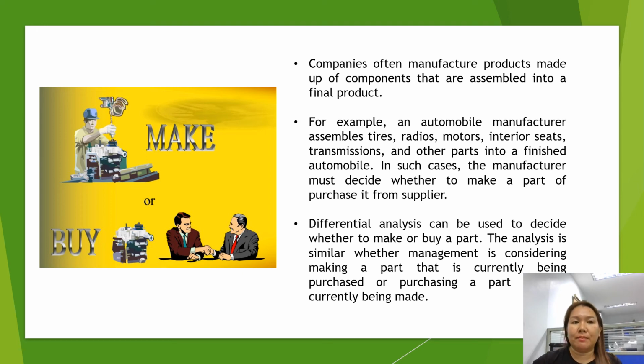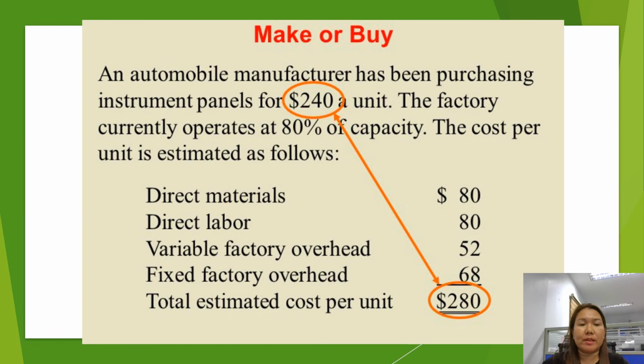currently being made. To illustrate, let us assume that an automobile manufacturer has been purchasing instrument panels for $240 a unit. The factory currently operates at 80% of capacity.